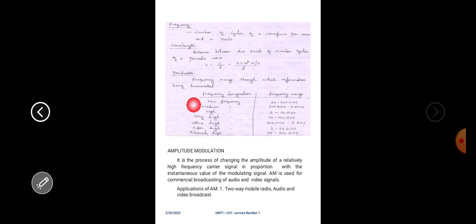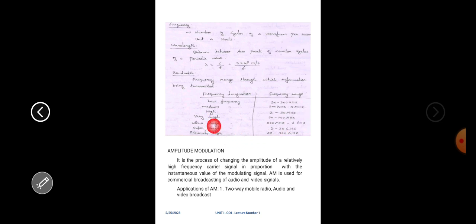What is bandwidth? The frequency range through which information is transmitted is called bandwidth. In other words, the difference between the high frequency and the low frequency of the signal is called bandwidth. This table represents frequency designations and the corresponding frequency ranges. Low frequency is 30 to 300 kHz.